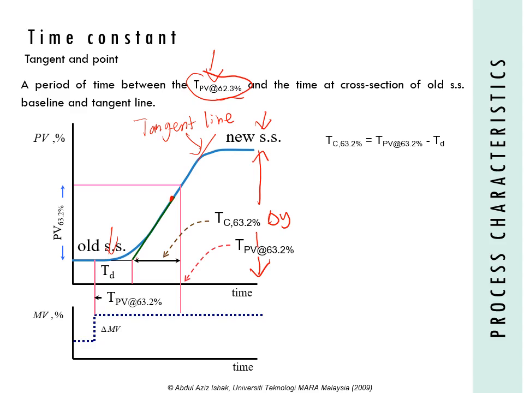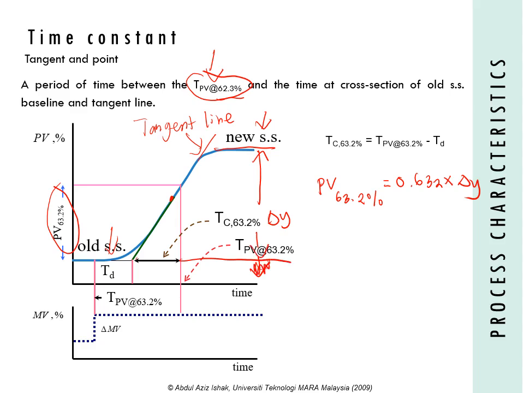To identify the PV at 63.2%, you find it using this formula: 0.632 times delta y. So delta y is the range between the new steady state baseline and the old steady state baseline, up to here.